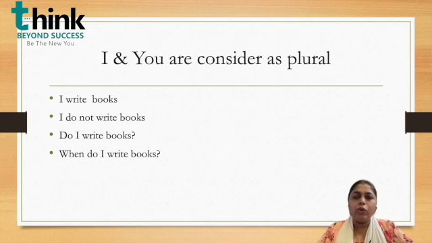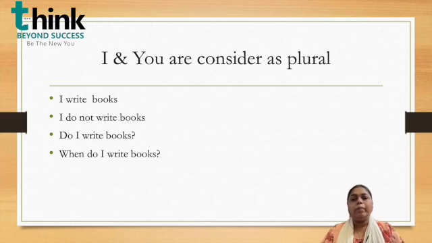One more thing I want to clarify, many of my students come up with a doubt: I and you. I will always be a singular subject, and you sometimes can be singular, sometimes plural, but we consider I and you as plural subjects. Many students ask me why, whereas you can be singular and I is singular.